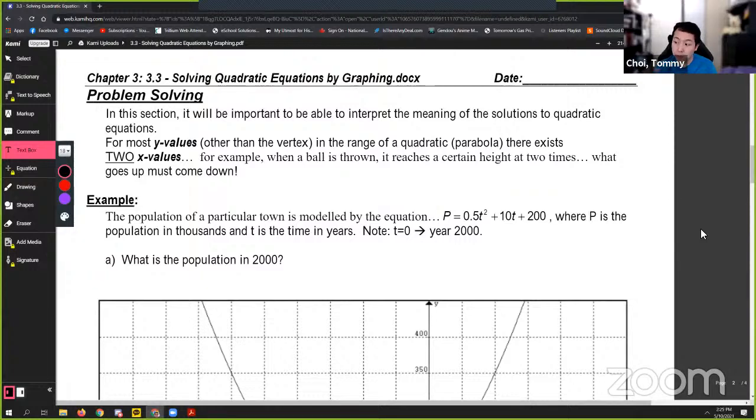You know where the ball is going to go, and when and where it's going to fall.